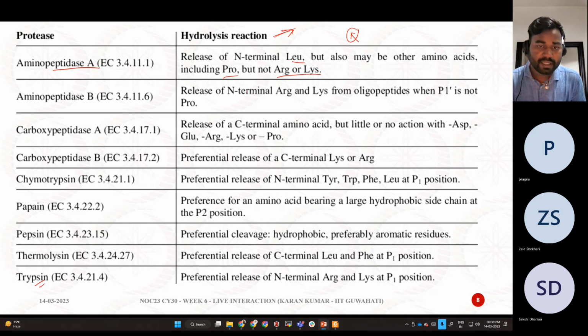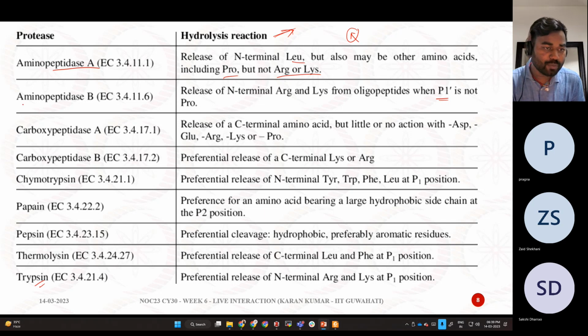Aminopeptidase B releases the N-terminal arginine and lysine from oligopeptides when P1 prime is not proline. What does it mean? Releasing N-terminal arginine and lysine means it will cleave at the C terminal of them.